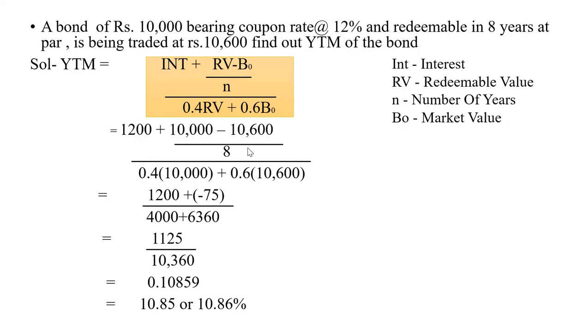So 10,000 minus 10,600 is minus 600, divided by 8 is minus 75. So 1200 plus, into the bracket, minus 75. Divided by 10,000 into 0.4, 4,000, plus 0.6 into 10,600, which is 6360.